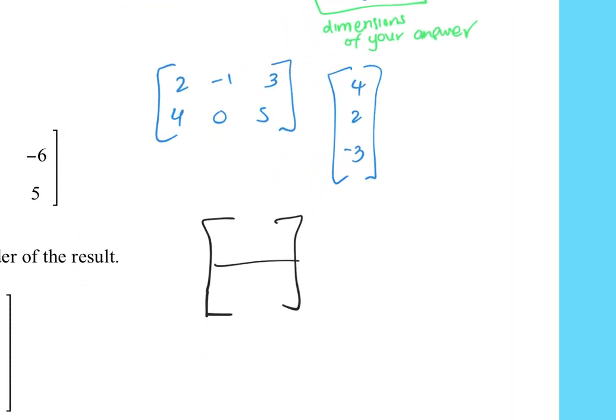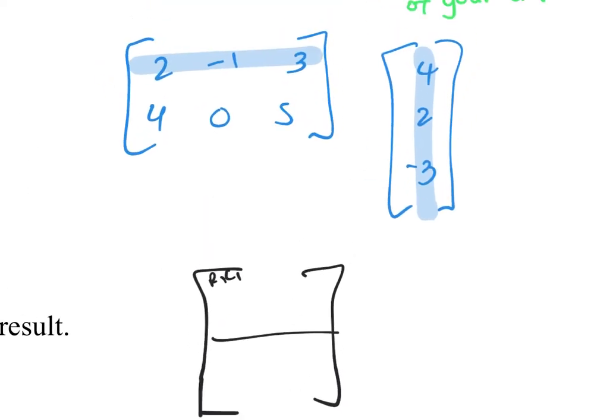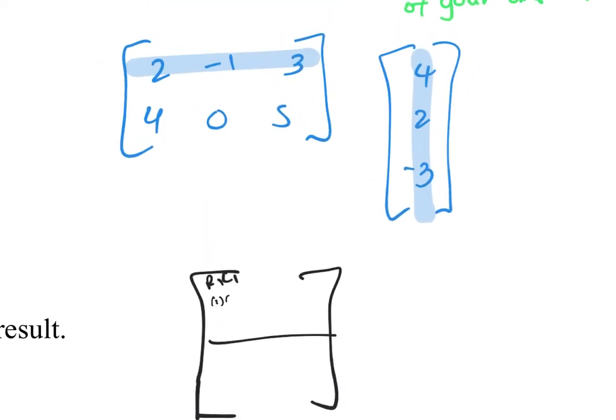So I go the first, remember this by the name, row 1, column 1. This is row 1, column 1, and I multiply that out in pairs. So 2 times 4 plus negative 1 times 2 plus 3 times negative 3. I'd get 8 minus 2 minus 9, or 6 minus 9, which is negative 3.